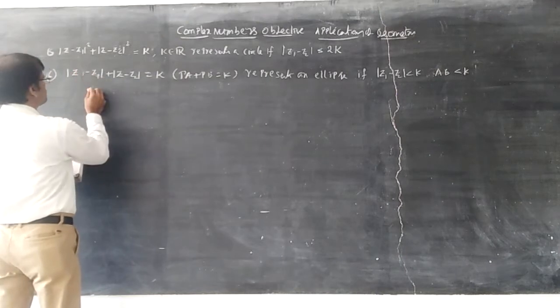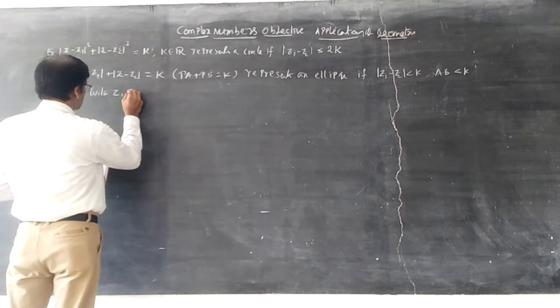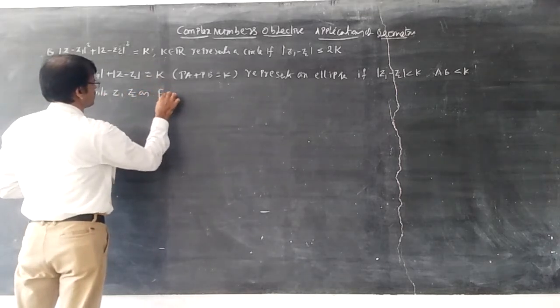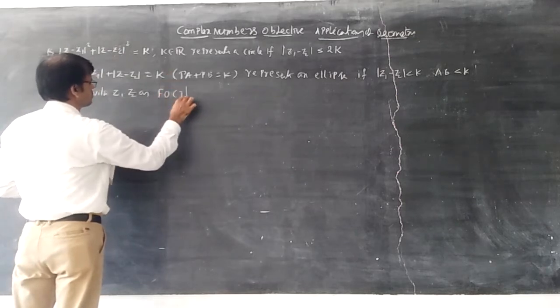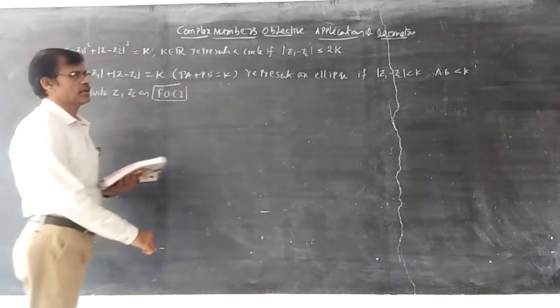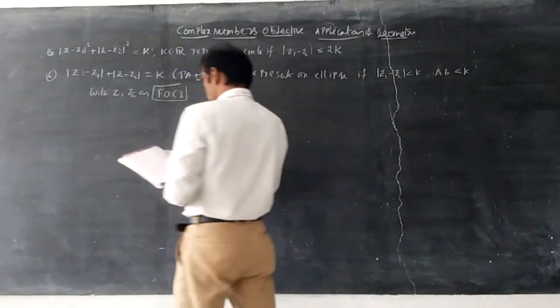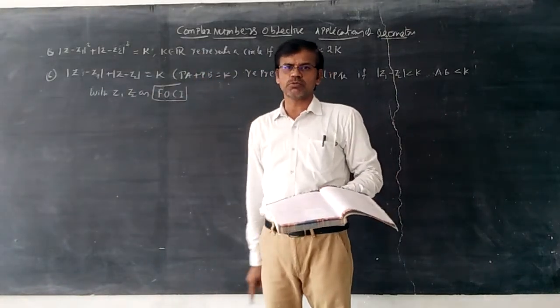It represents an ellipse with z1, z2 as foci. Foci is the plural of focus, you will learn in the secondary geometry. So z1 is a focus and z2 is a focus. A, B are said to be fixed points.